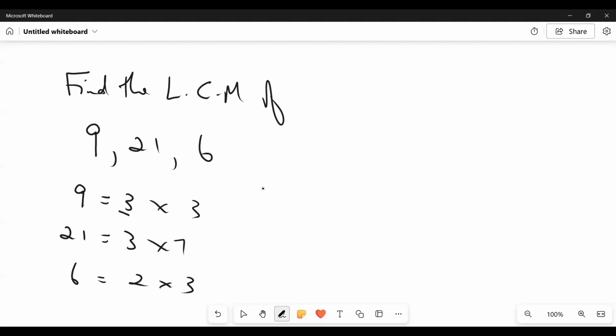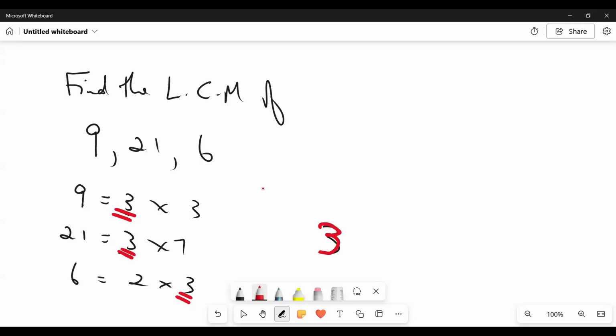We got a 3 here, we got a 3 here, we got a 3 here. But we're not duplicating them. We're just putting 3 for these here, right? So let me use another color, maybe red. For these, there are 3 3's that is common to all, but we're not using 3 by 3 by 3. We're using just 3, right?